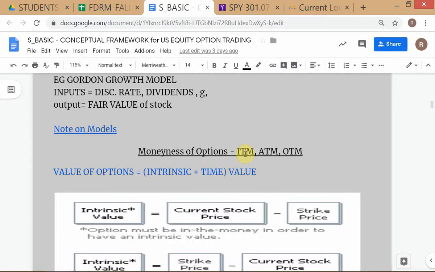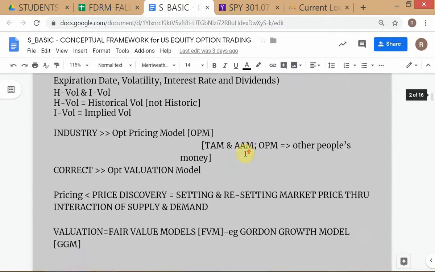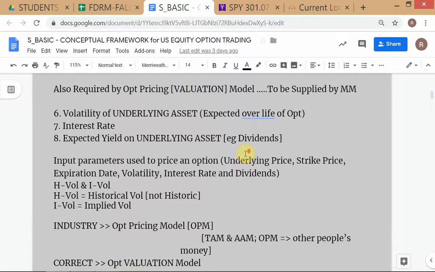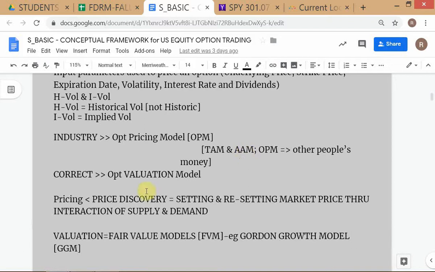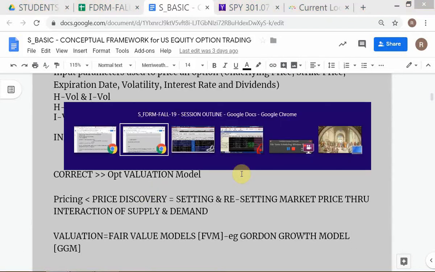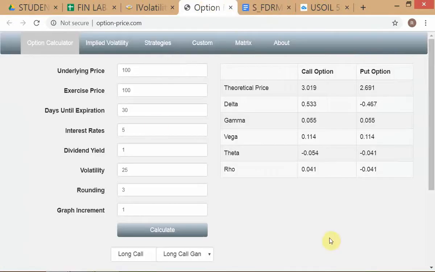All right. The whole discussion on models started because, although something like this would be referred to in the industry as the option pricing model, it is actually an option valuation model. This is actually a category of fair value model.